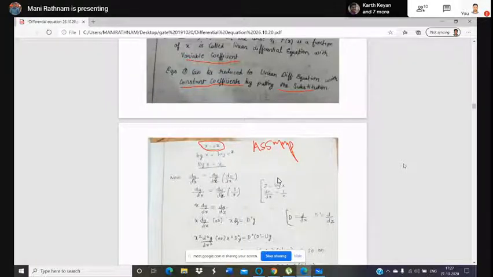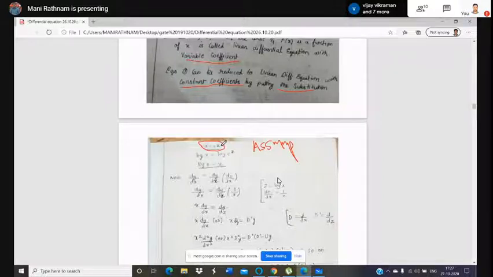Convergence means it brings some definite value, while divergent means an unknown value. For that purpose we use x equal to e power z. Z is some other variable, because we have to transform into a differential equation with constant coefficients.